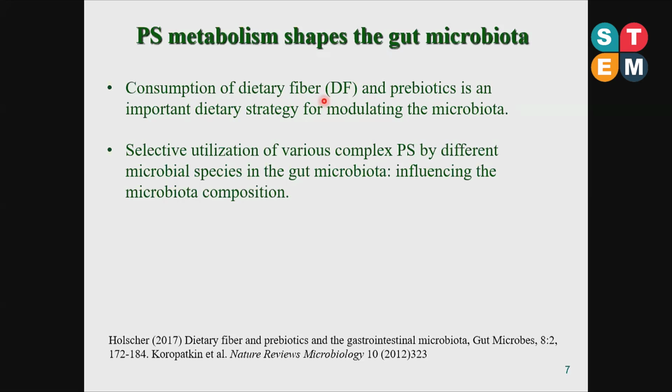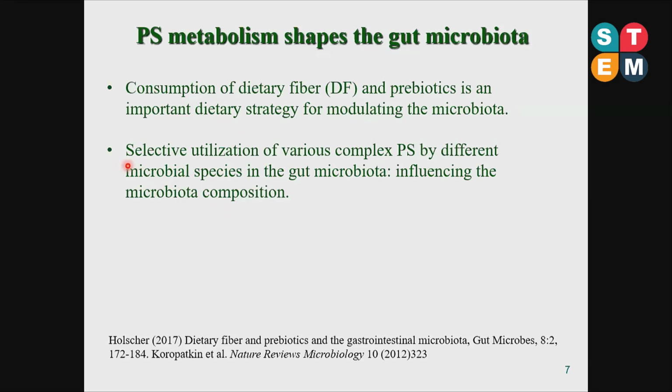Consumption of this dietary fiber and prebiotics, which are mainly polysaccharides or oligosaccharides, is an important dietary strategy for modulating the microbiota. Sometimes our microbiota is out of order; we can take dietary fiber and prebiotics to maybe recover the microbiota to a normal state.